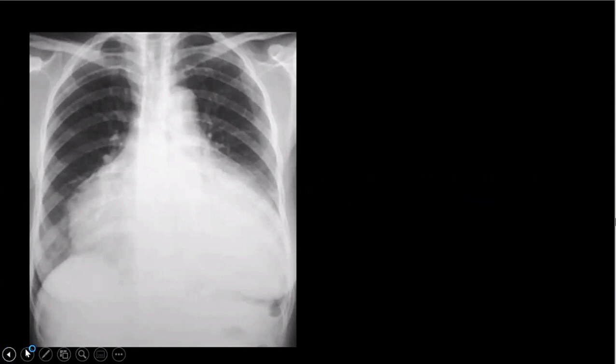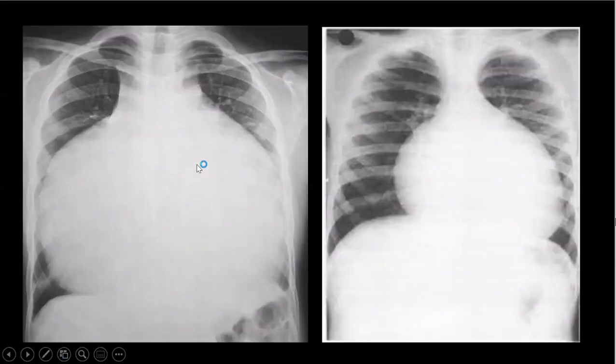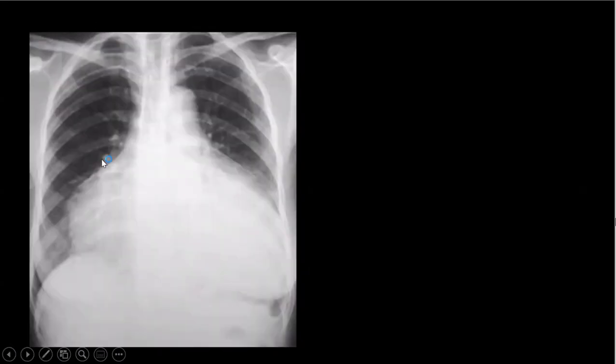So this one, you also have an enlarged heart, but if you notice, the shape is quite different. This one, the shape is globular. It's enlarged but globular. This one, if you notice, the shape is resembling a water bottle.